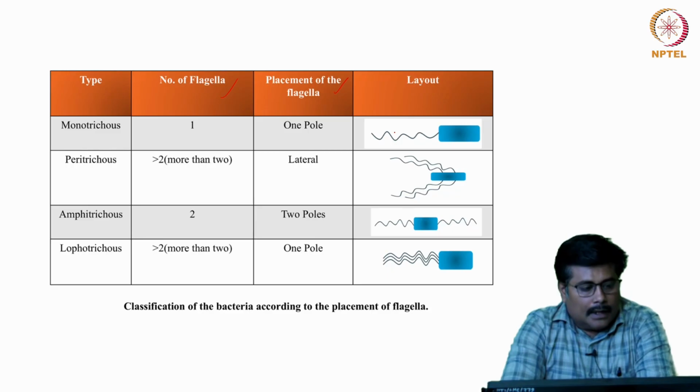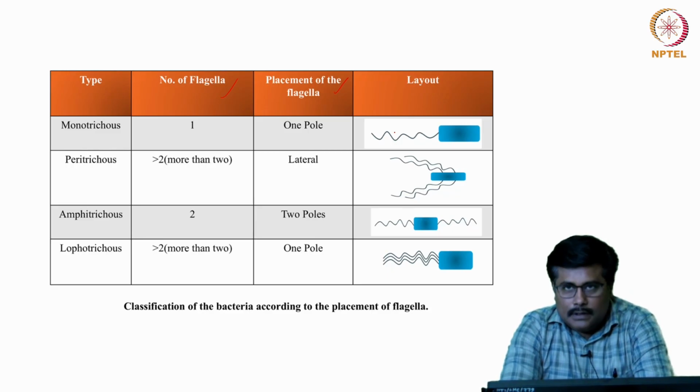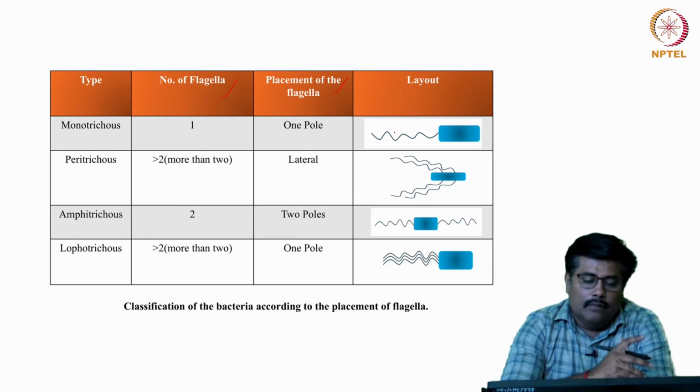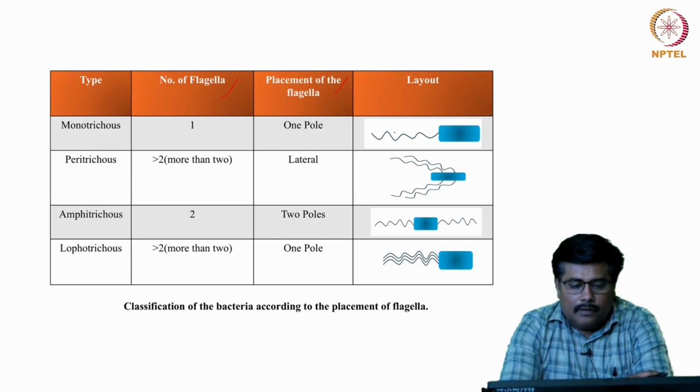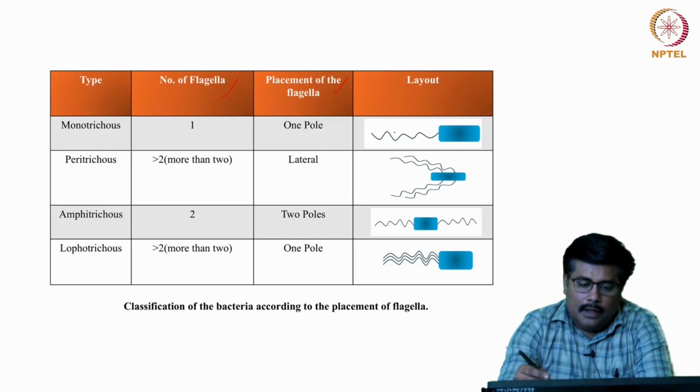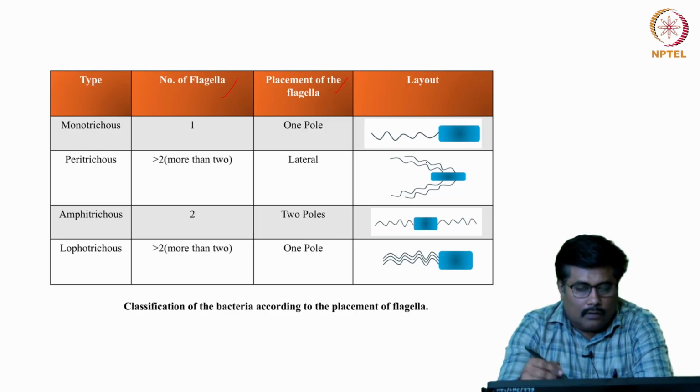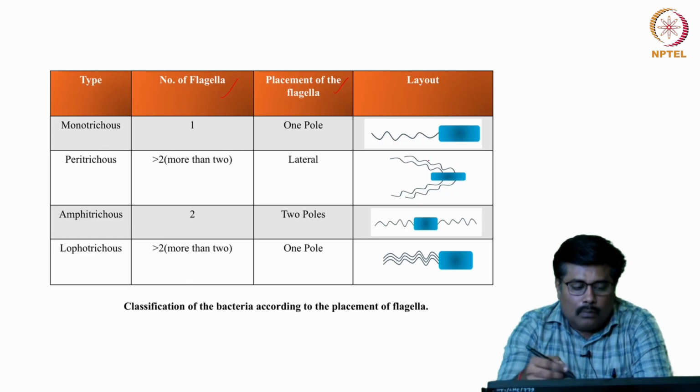Then we have the peritrichous structure, which has two or more flagella, and the placement of the flagella is lateral. Here, in the configuration, there are two or more flagella present.